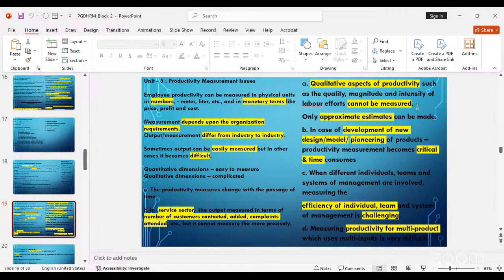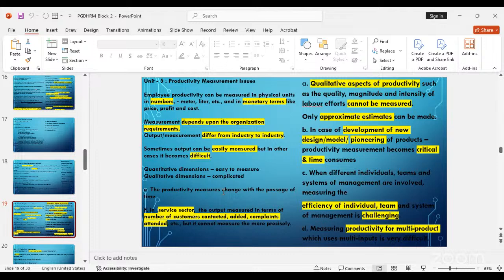Of course, it takes a lot of resources and is time consuming. It is very critical when different individuals, teams, and systems of management are involved. Measuring the efficiency of individuals as well as teams and systems of management is another challenge. Productivity for multiple products which use multiple inputs is very challenging.